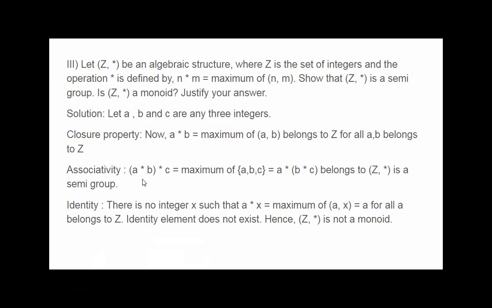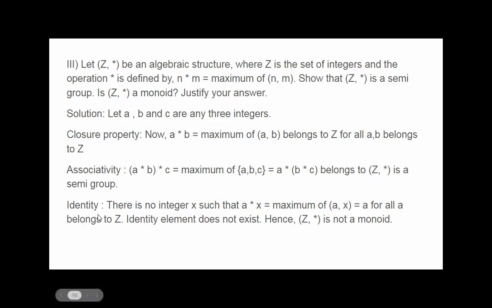First if we take the maximum of A and B, and then again compare that maximum with C, it is the same as the maximum of A, B, C. Or if we take the maximum of B and C first, and then consider the maximum of A and B star C, it is the same, the maximum of A, B, C. So it belongs to Z. So the given group is a semi-group.